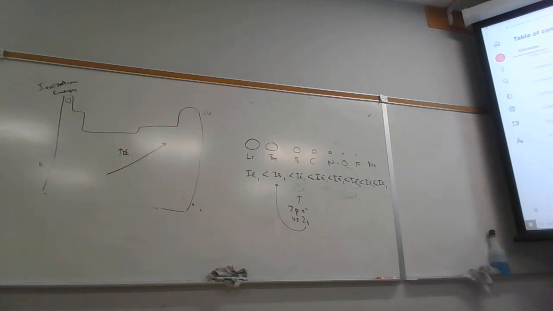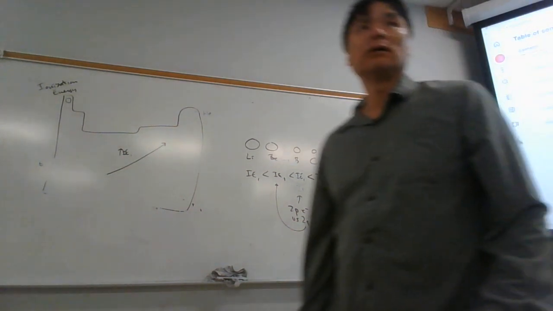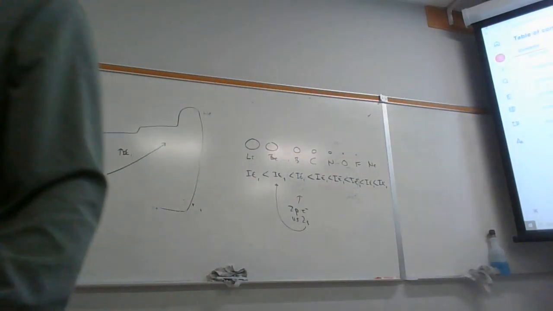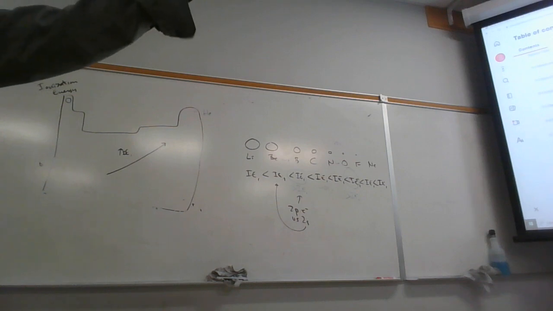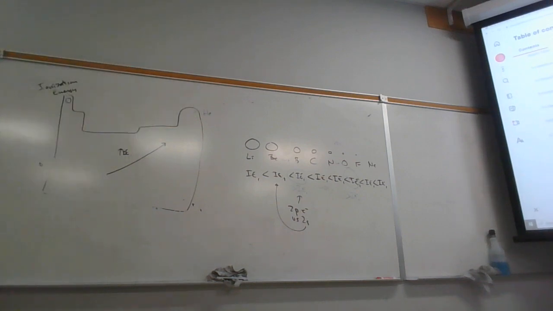Nitrogen's smaller than carbon, it's harder to ionize. But when we go from carbon to oxygen, oxygen turns out to be easier to ionize. Why is that? I just asked the question, we're facing the size of atoms, but is the bigger atom easier to ionize or not? Easier to ionize. Bigger atoms are easier to ionize because the electron's further away from the nucleus, and so it's easier to take.